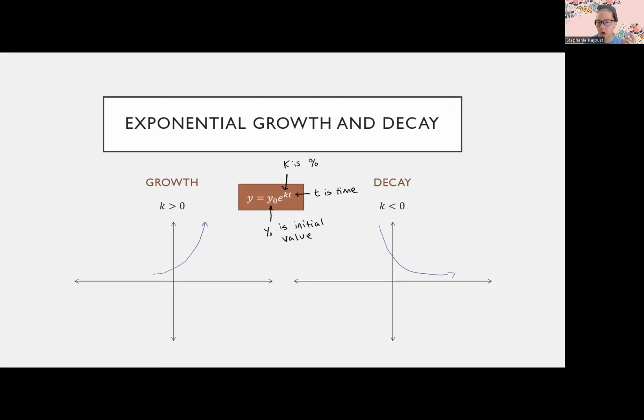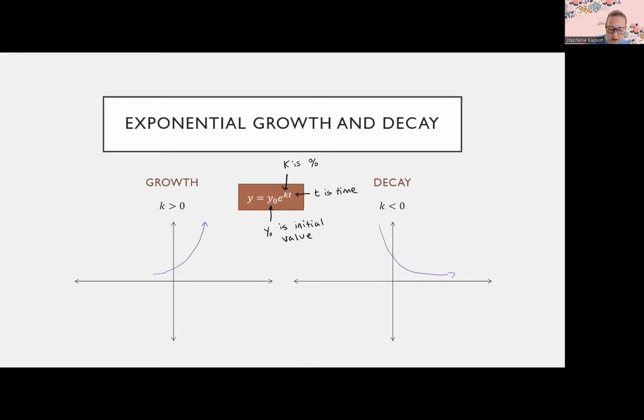But if you hear the words exponential growth or exponential decay, we generally assume it's going to be this particular model where you have e in your model, y equals y naught e to the kt. K is generally some percent of growth, t usually represents time, y naught is your initial value, basically what you're starting with.